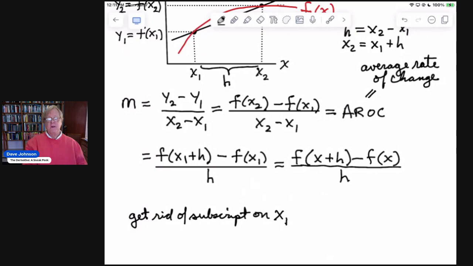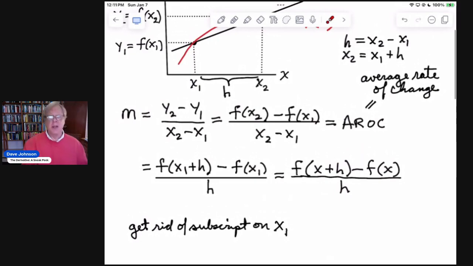Now it's basically the same thing. Notice these are equal signs. M is equal to this, which is equal to this, which is equal to this, which is equal to this, which is equal to this, assuming that these changes in notation have been made. I want to do one last thing. I'm going to call this the difference quotient, the DQ.